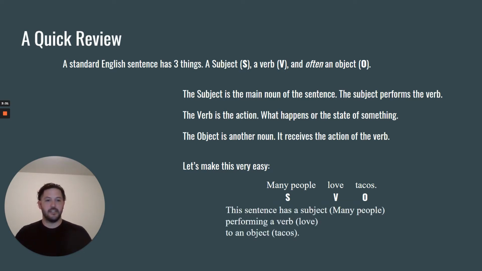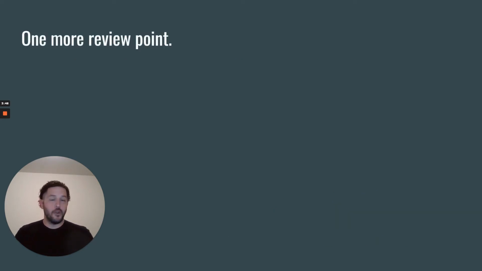Okay, so the sentence has a subject, many people, as I said. They are performing a verb, that's love, and they are performing it to an object, tacos. This is the active voice, okay? Subject, verb, object.